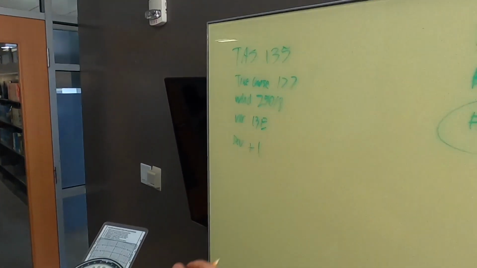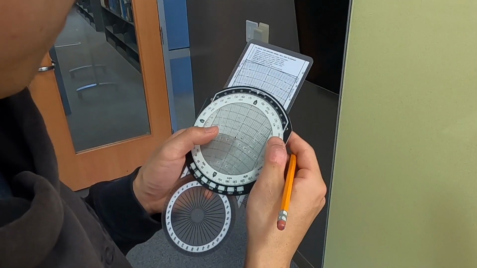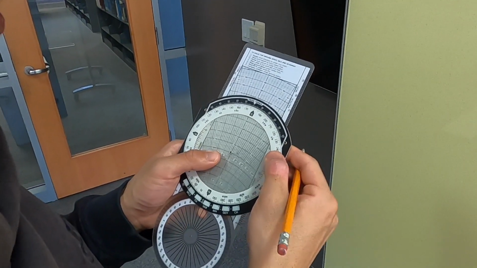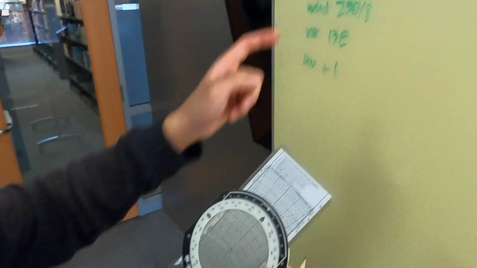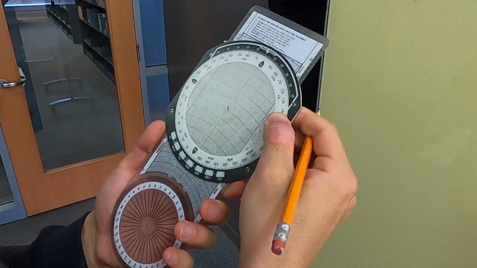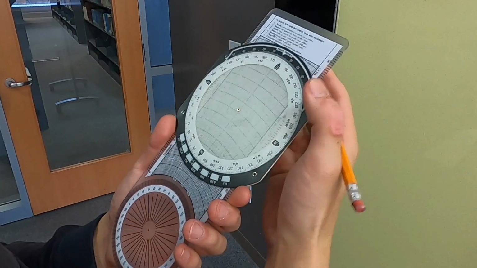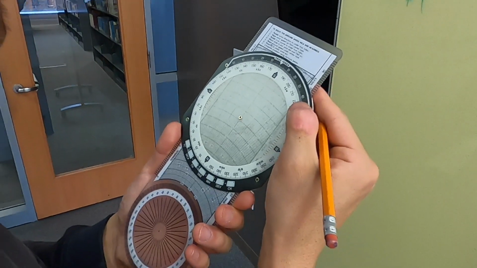Next step is we're going to go over to our course of 177. And we're going to place the dot we just made on our true airspeed of 135 knots. Okay, there we go.